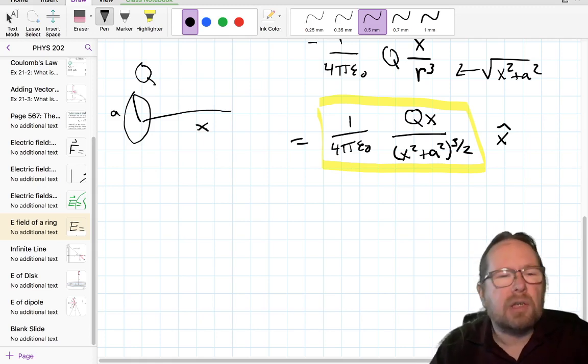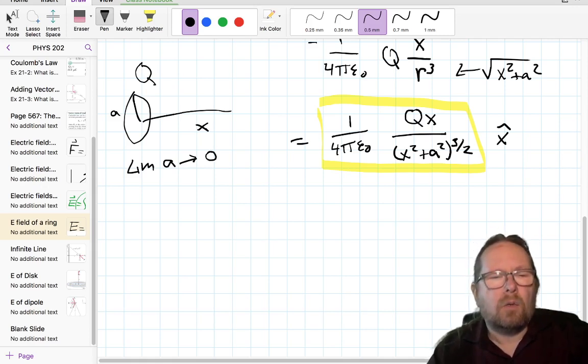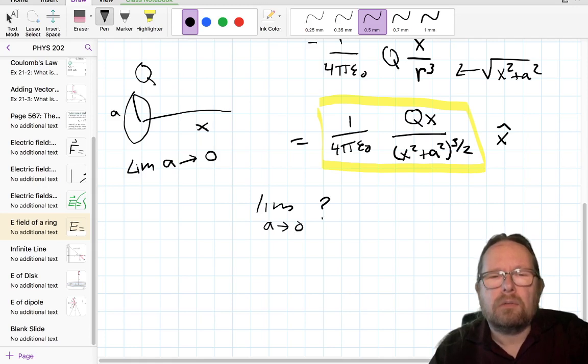Well, one interesting limiting case we could look at is the limit of this expression as the radius of the ring goes to 0. What is the limit of this expression as a goes to 0? Let me change colors here.